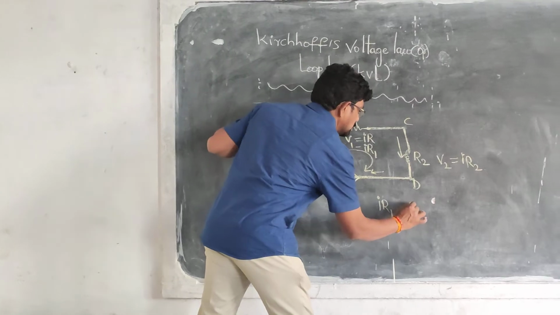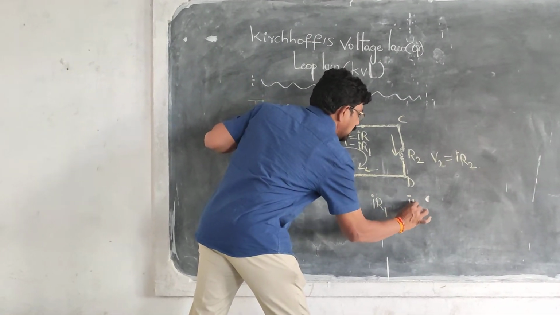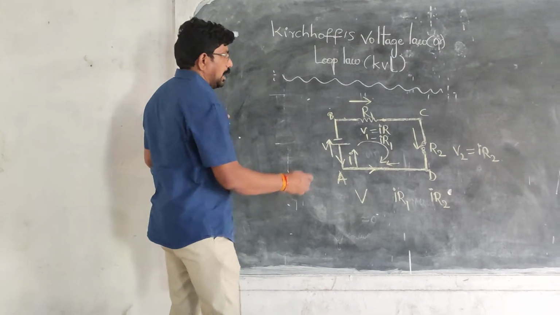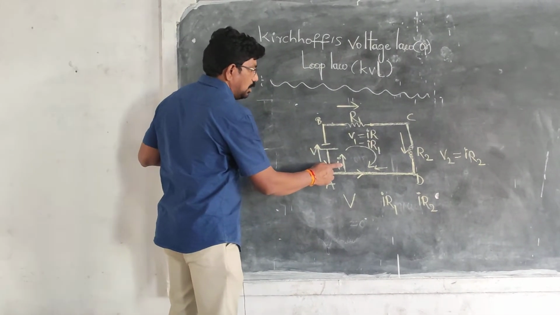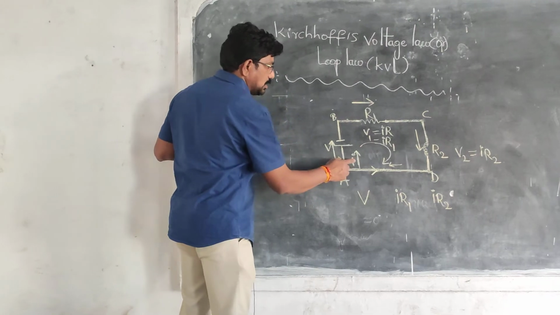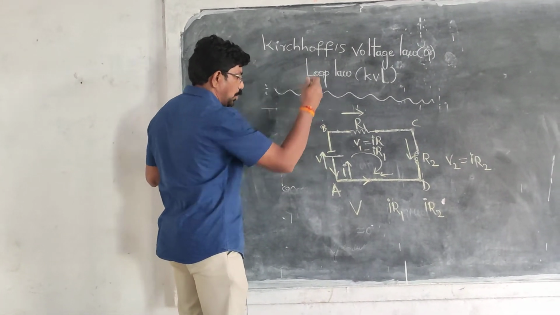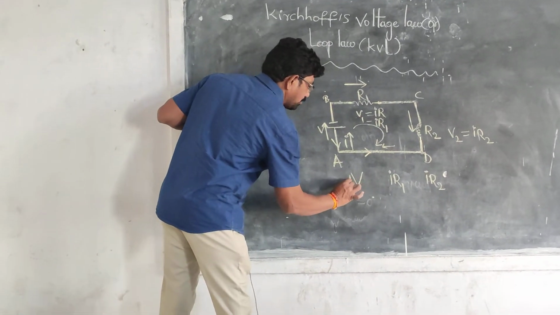Next, another voltage, V2, that is IR2. This arrow, we are moving in the clockwise direction, so this arrow is in the upward direction. The current is also flowing in the upward direction, so this is plus V.